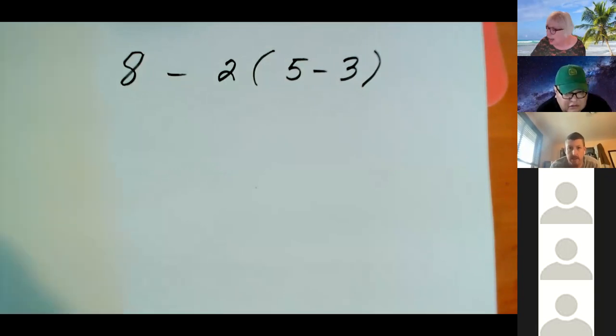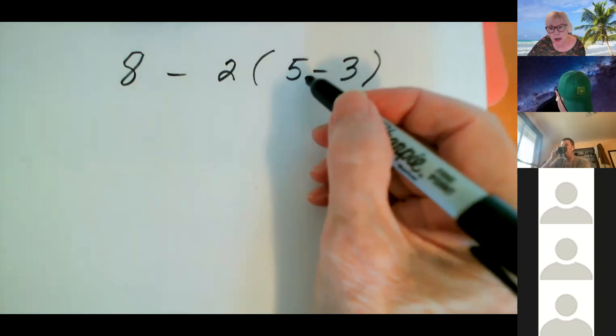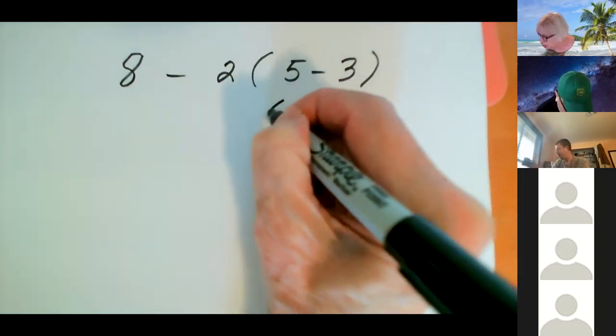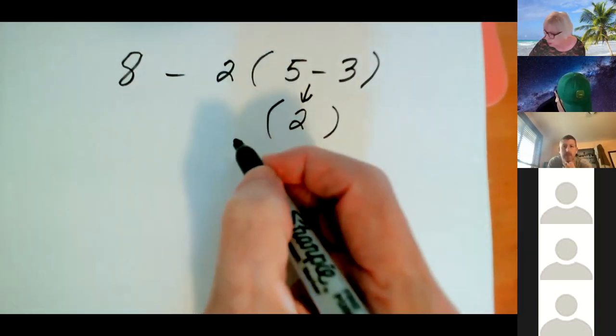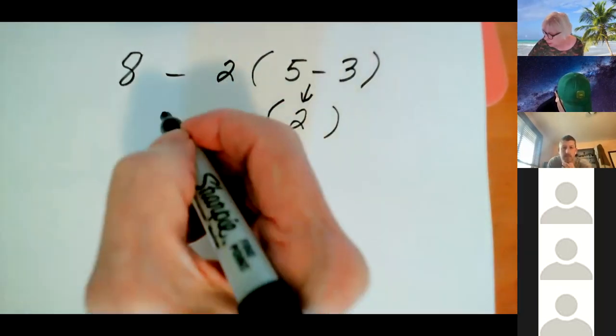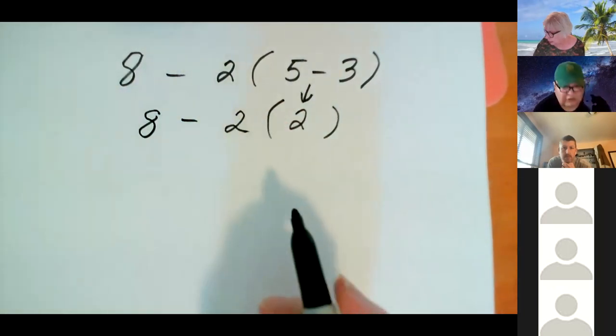The parentheses. Absolutely, parentheses dominate. It's sort of like whatever rule was out there, parentheses overrides. And so this is 5 take away 3 is 2. I'm going to put that in parentheses so you can see how that went. The 2 in front of it is still there, and the 8.